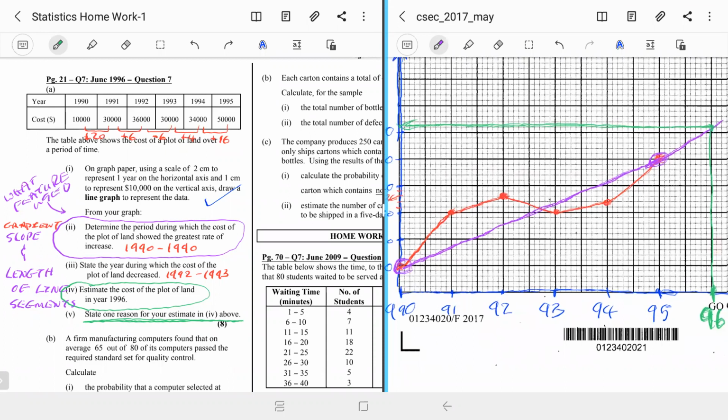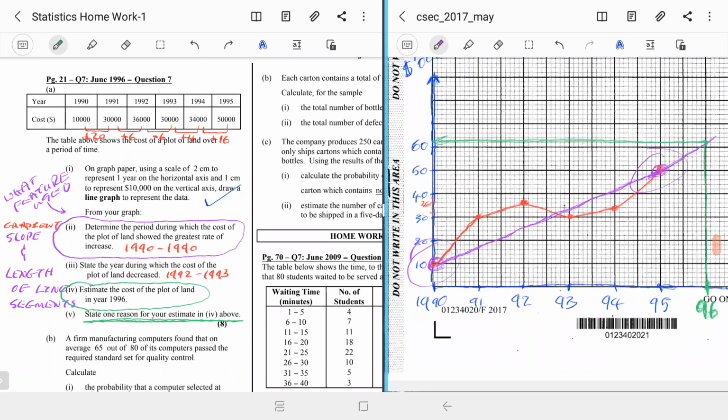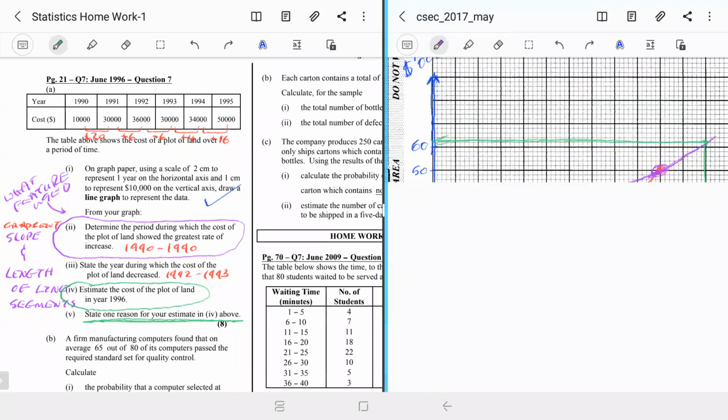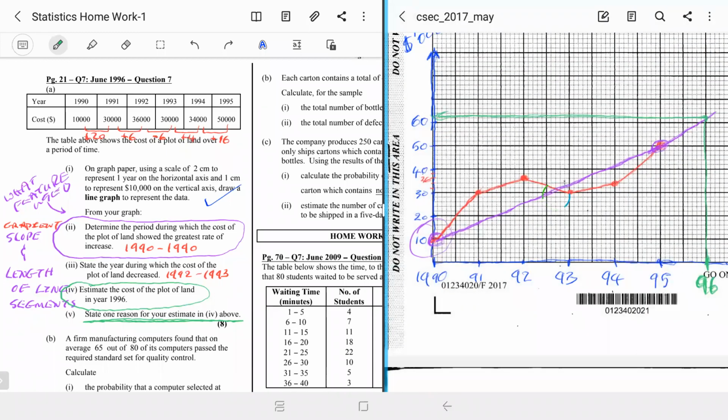There's an overall increase from here to here, but this purple line from the beginning to the end represents the line you will be on if you're increasing by the same amount each year, to start at 10 and still end up at 50.